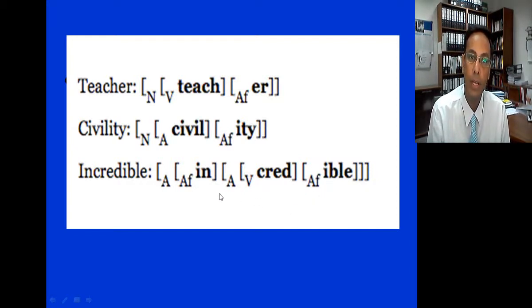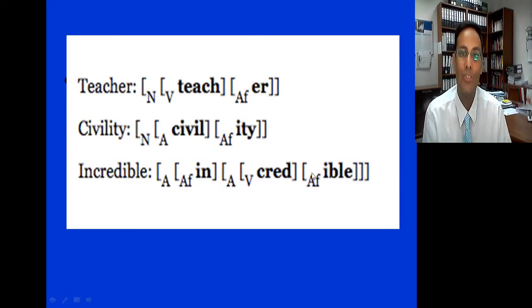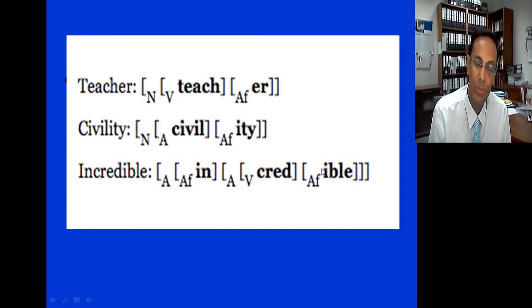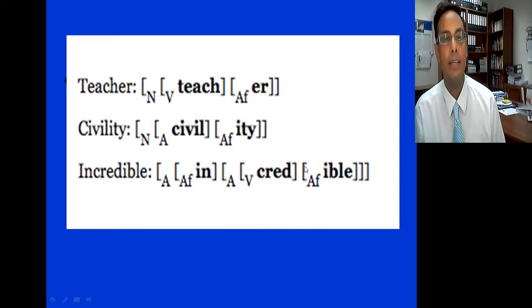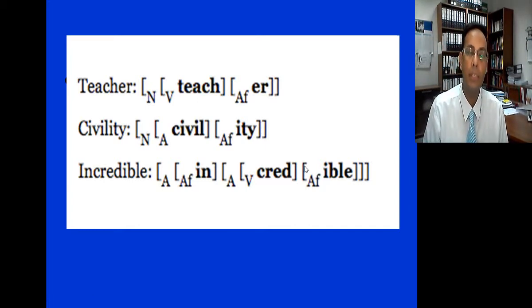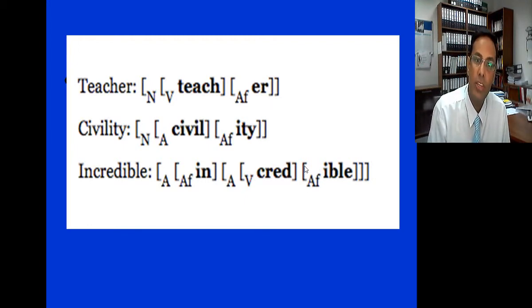So we have first unit and second unit, and the second unit is composed of one unit and a second unit. So it is structured in different layers. This is the morpheme structure of the word incredible. How do we know that credible is a verb plus affix? Because -ible is an affix or suffix used to change the verb into an adjective.